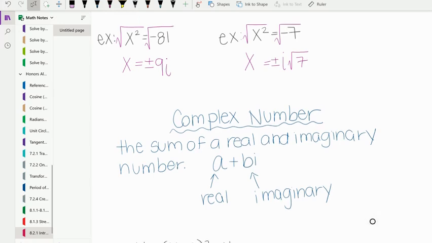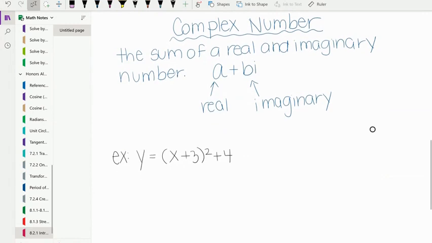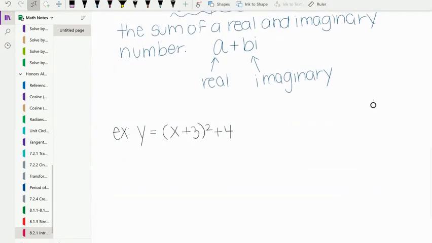When we get complex numbers, it's going to be when we're solving quadratics. So here is an example. If I want to solve this equation, I would set this equal to 0. So we get 0 equals (x plus 3) squared plus 4. The next step would be to subtract 4 from both sides. So we get -4 equals (x plus 3) squared.